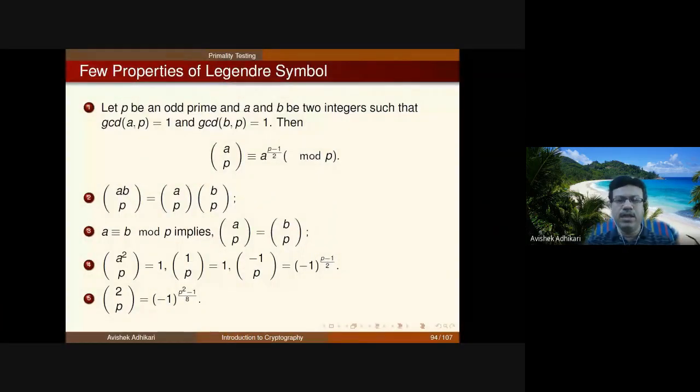Now let me ask you the question, how do you use it in terms of primality testing? That means how to check whether a number is prime or not. So this result will play an important role.